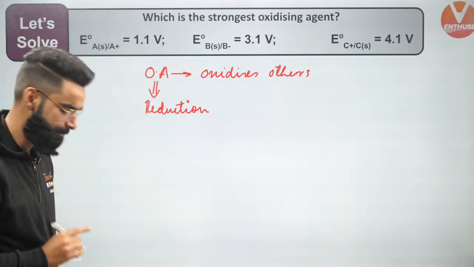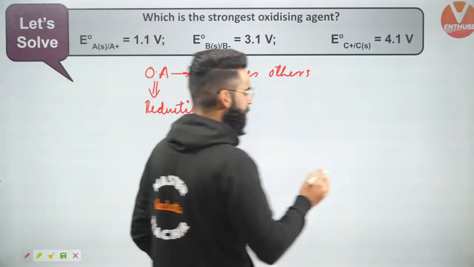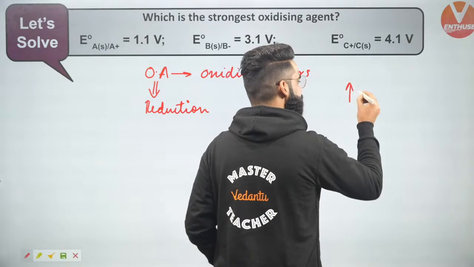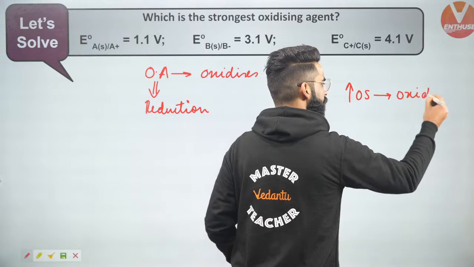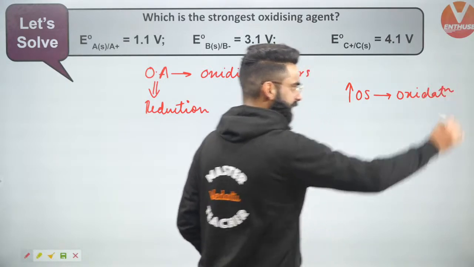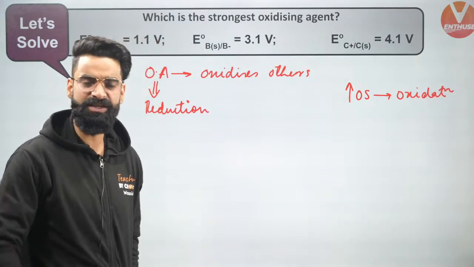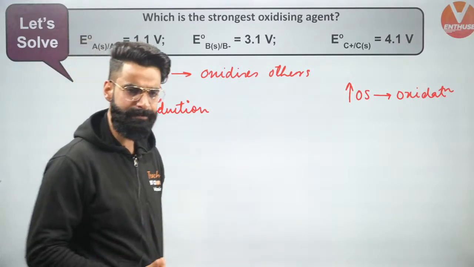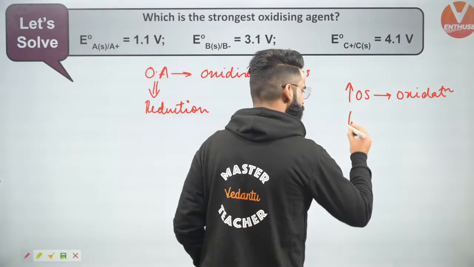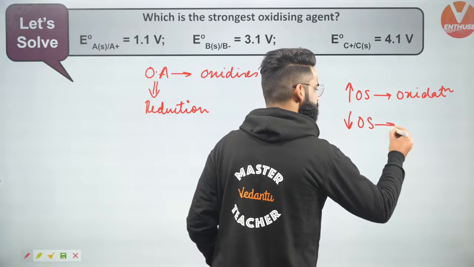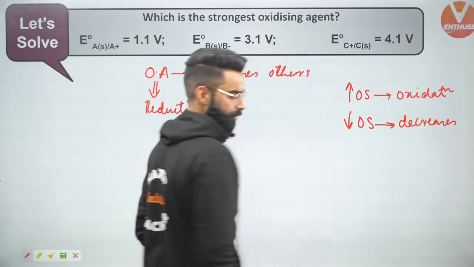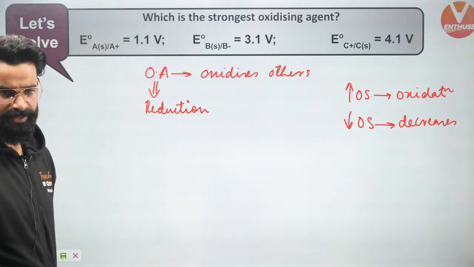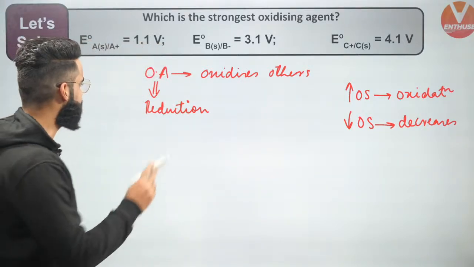People, as you all must be knowing, an increase in the oxidation state of the element is what we call oxidation. Whenever the oxidation state of an element increases, we say the element undergoes oxidation. And whenever for a particular element the oxidation state decreases, we say the element undergoes reduction. I hope you all know that. Okay. Now guys, see.